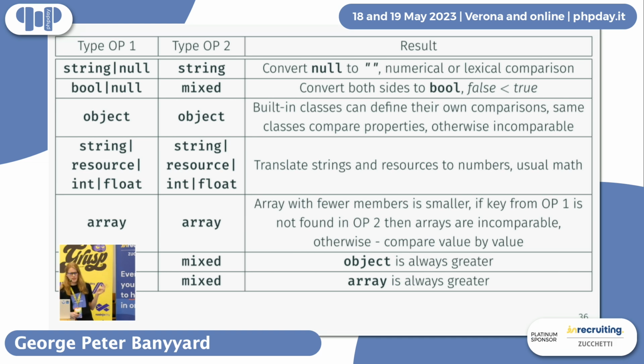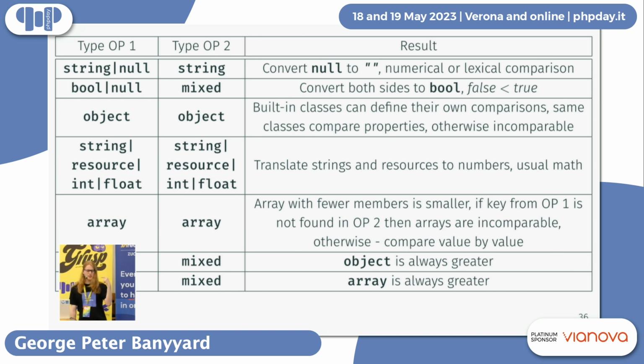Two objects, so built-in classes defined by extensions, can define their own comparisons. You might have used this with DateTime, if I'm correct. You can compare two DateTime objects, and it will tell you if one was prior to the other. Otherwise, the same classes compare the properties, and otherwise they are considered incomparable.